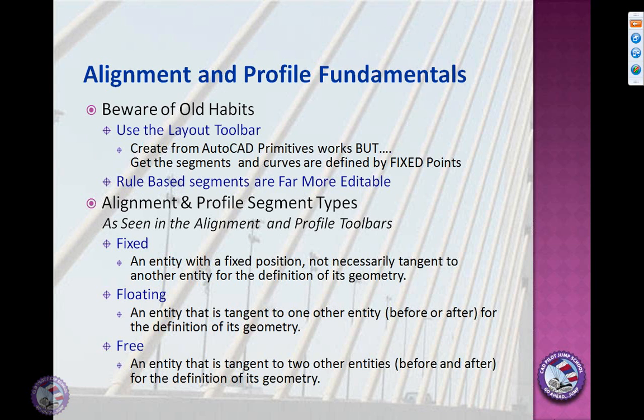We have this idea of a floating entity. For example, a curve that is tangent to the start or the end, right? Because it can be before or after, and there are a bunch of types of those. In alignments, we have more of these types of entities than we do in profiles, simply because that's true in the real world.